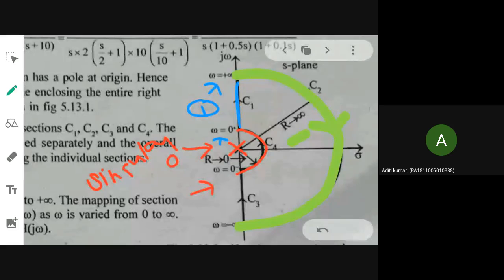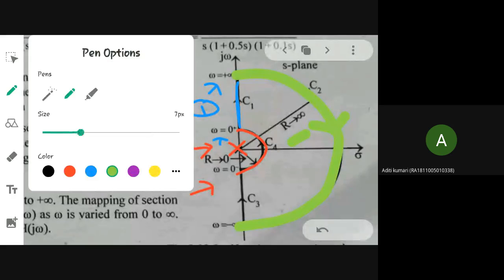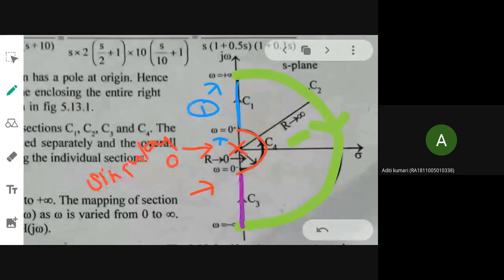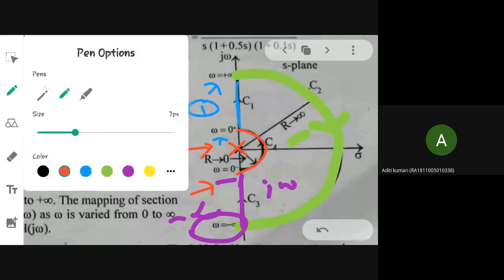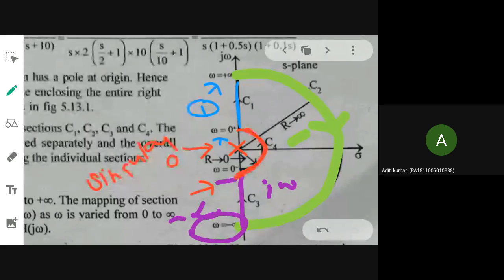Third segment. What is your third segment? In the purple color that I am drawing, it is directed along what axis? Imaginary axis. It travels from minus infinity to 0. Then finally the red color marking is the additional segment because of the bypass, the C4 segment.